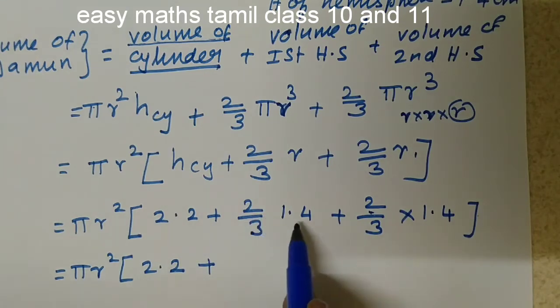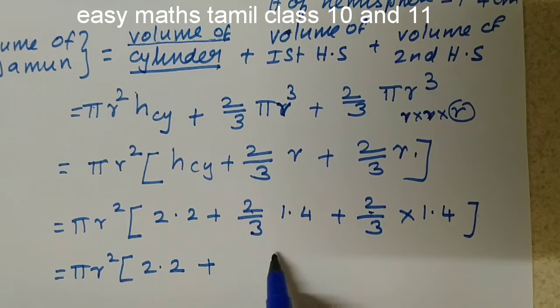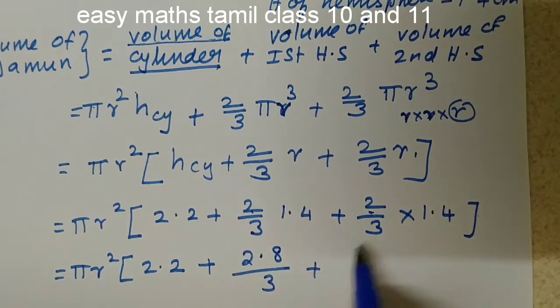Pi r square into 2.2 plus 2 into 1.4 is 2.8 by 3 plus 2.8 by 3.